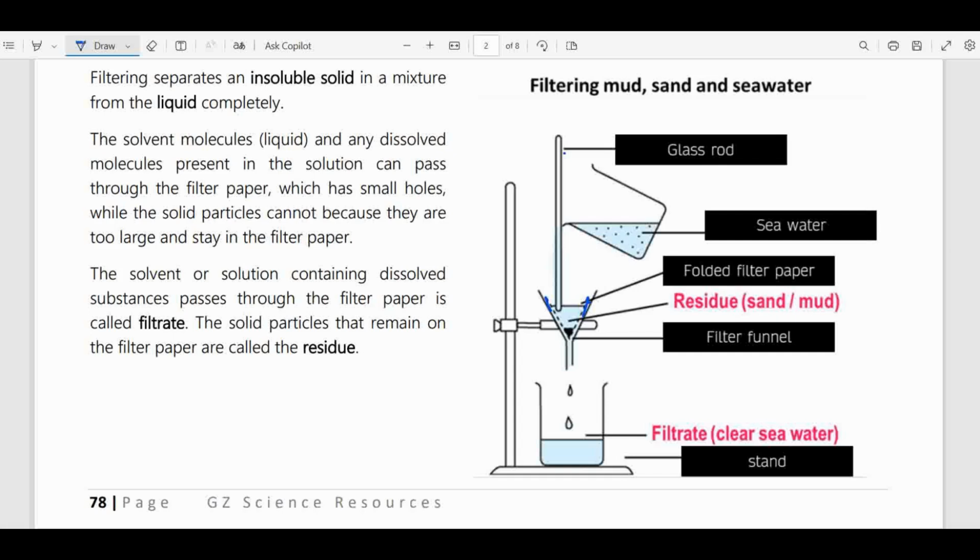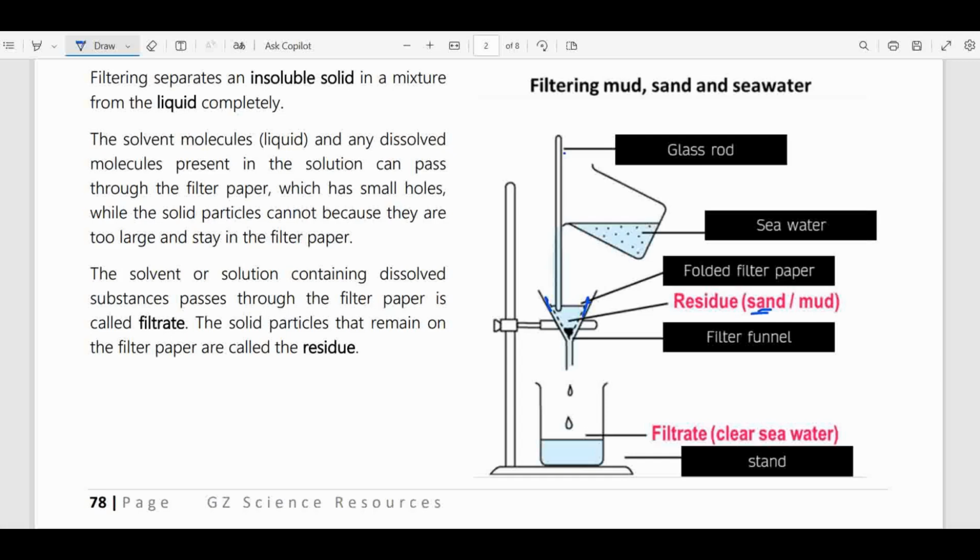By the time you begin to pour this seawater into the filter paper, you can separate out the solvent, and the solute, which is the salt, will remain in the filter paper as a residue.